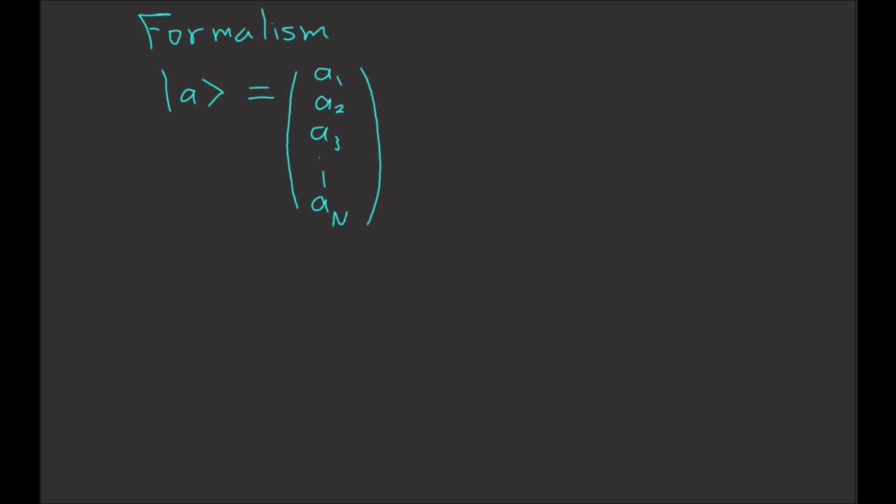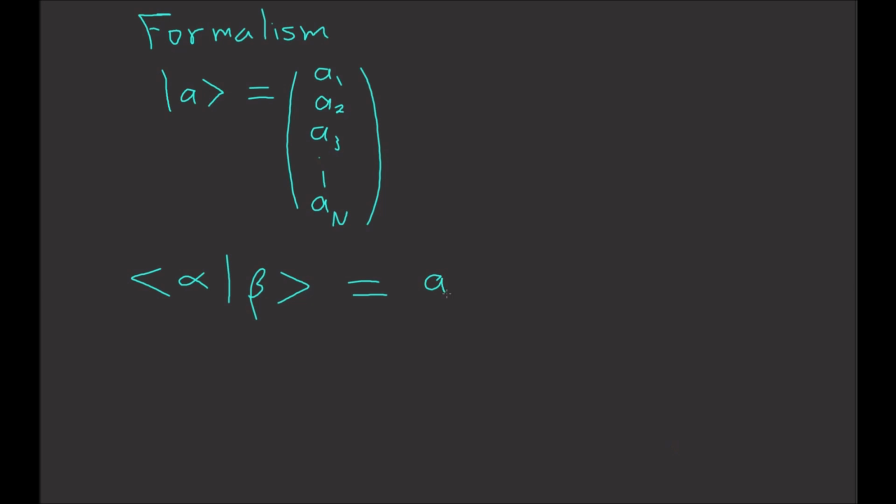The inner product between two vectors is called a bracket. So the first half of this inner product is the bra and the second half is the ket, and it is defined as the multiplication of two vectors.